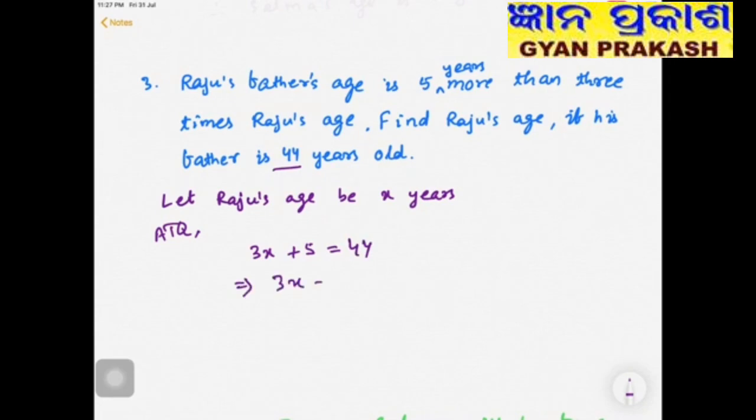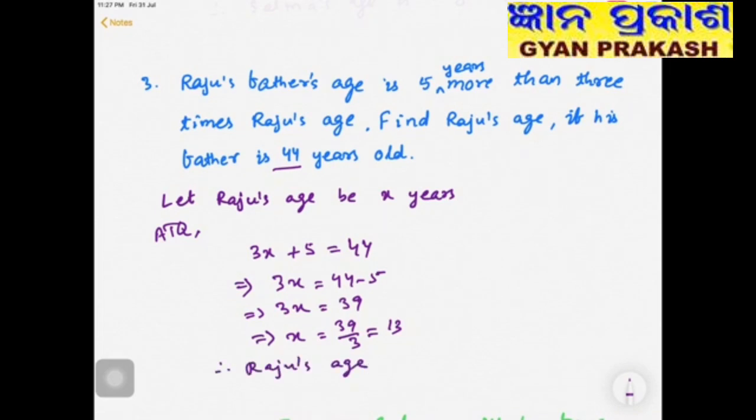So now 3x equal to 44 minus 5. And it is 3x equal to 39. That means x equal to 39 divided by 3. That is 13. Okay. Therefore, Raju's age is 13 years.